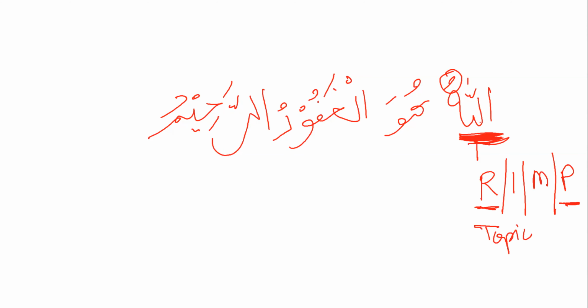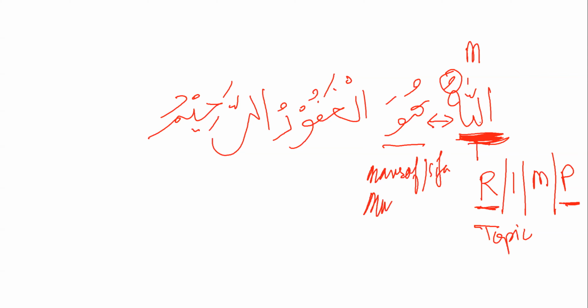So this has to be mubtada. Now we see if there is any connection between Allahu and Huwa. Can there be any chain between Allahu and Huwa? No. Because Huwa cannot be either mausuf or sifa.